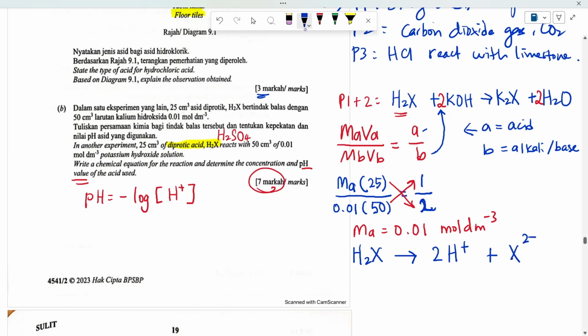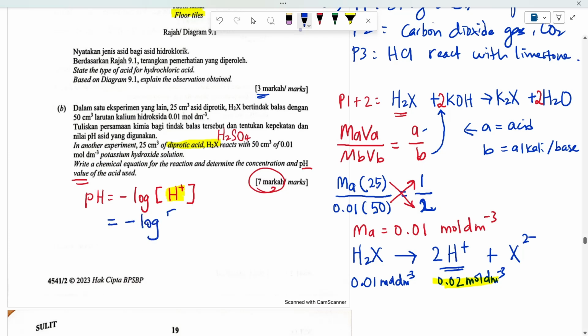So if now the sulfuric acid is 0.01, then how about this? 1 to 2, right? Meaning that here now is 0.02 mole per cubic decimeter. So your concentration here should be double. So use your calculator.